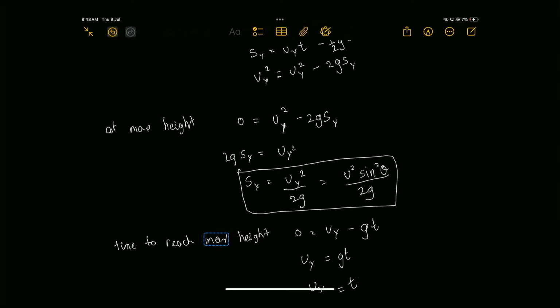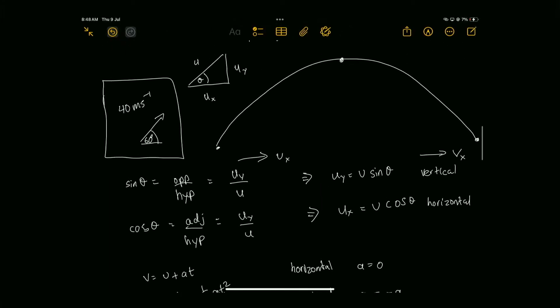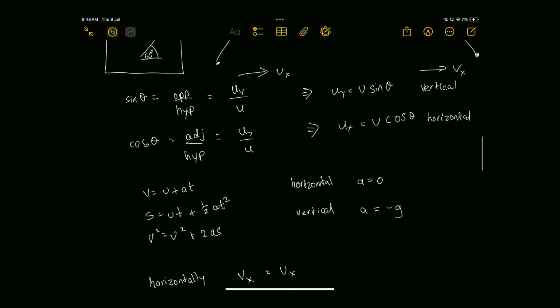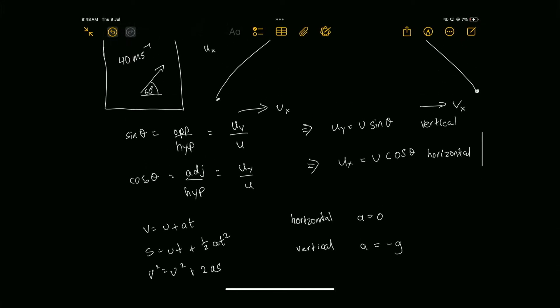But you need to know what we did at the start here, which is to separate them into the horizontal and vertical components, and to know that the horizontal acceleration is equal to 0, and the vertical acceleration is equal to negative g.